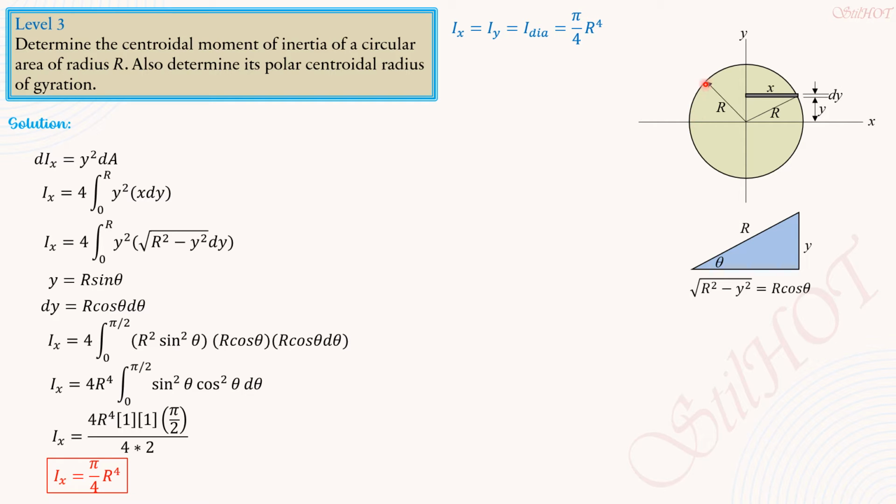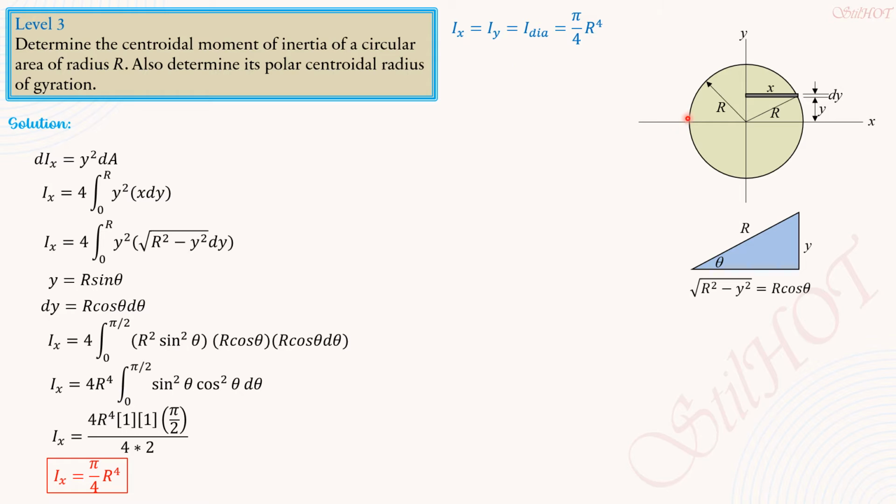It may also be the lower semicircle. In other words, if we only consider a quarter circle with respect to the x-axis or to the diameter, the moment of inertia is 1/4 of this.